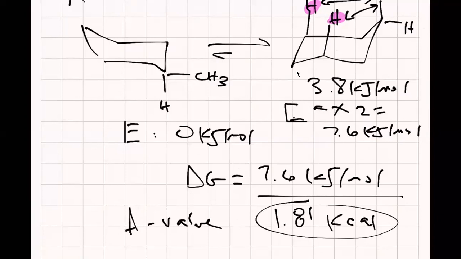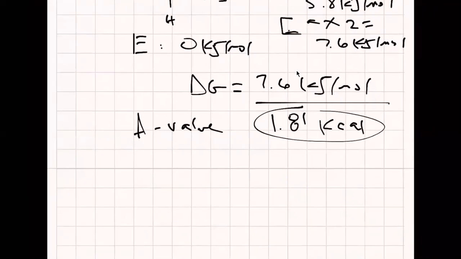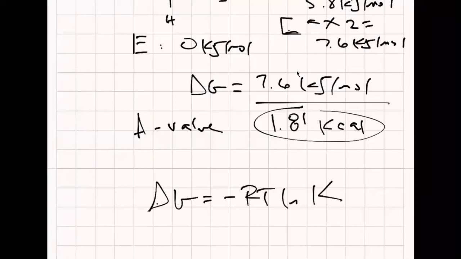If you were to calculate the equilibrium constant, and this was at room temperature, the way you would calculate that is by using the equation delta G equals minus RT natural log of K. So you can solve for K, and it will be e to the minus delta G over RT equals K. So that's a way to do that.